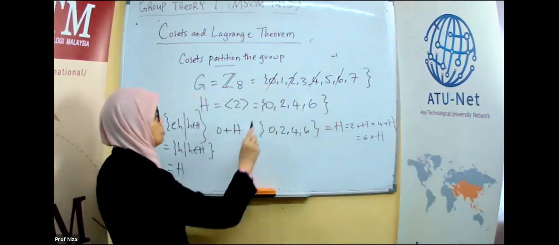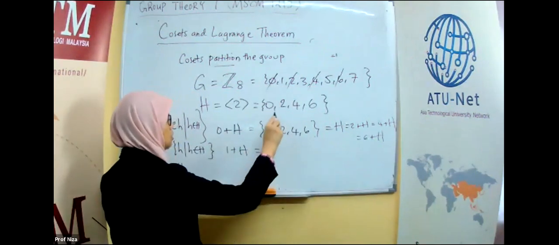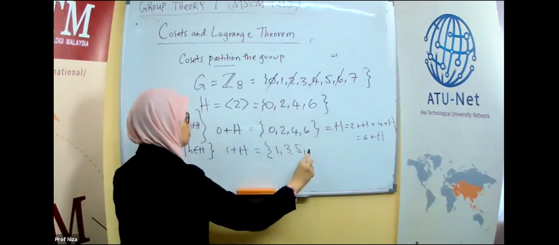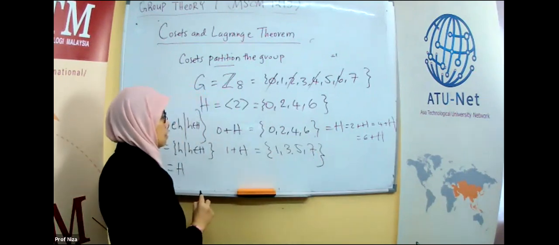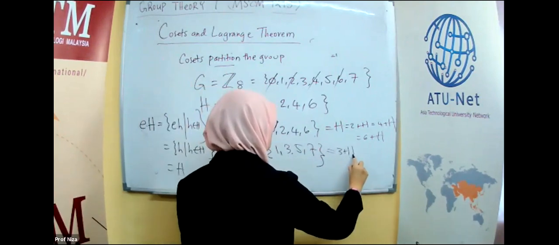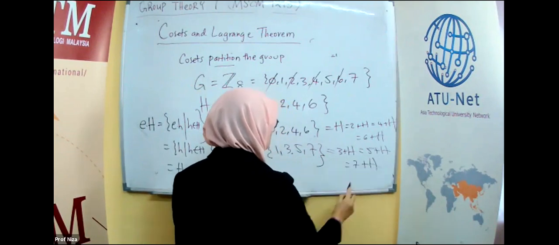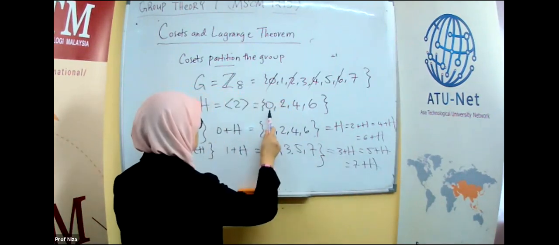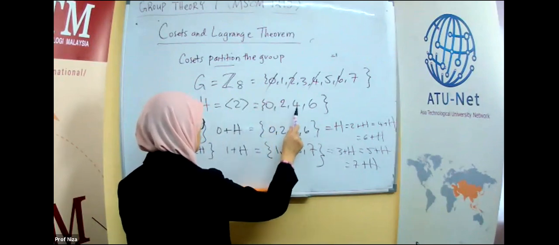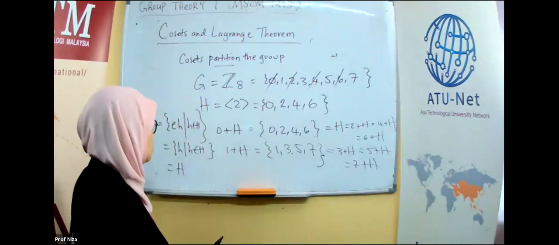Okay, now there's 1 plus H. So you add 1 to H: 1, 3, 5, 7. And this is equal to 3 plus H, 5 plus H, 7 plus H. For example, if you add 7, you get 7, 1, 3, 5. They're all the same.